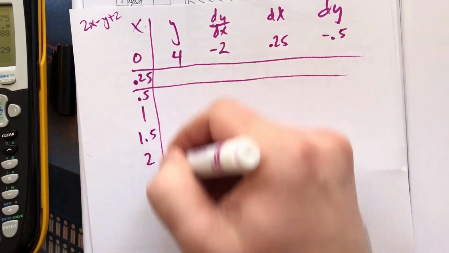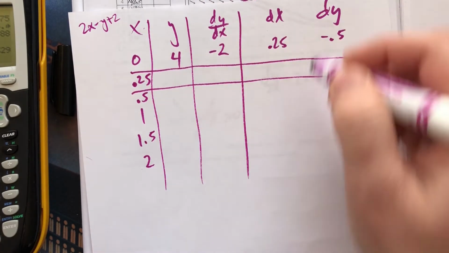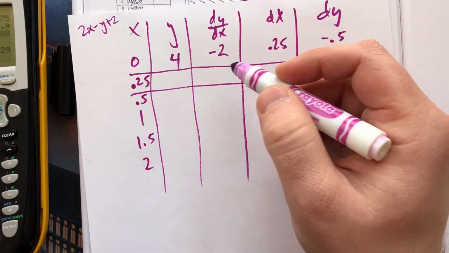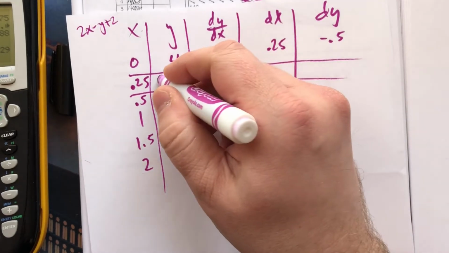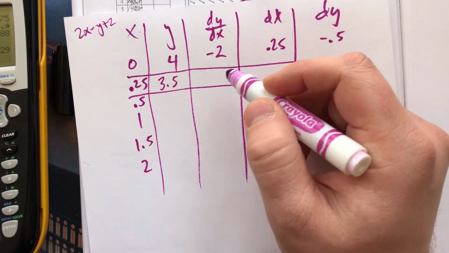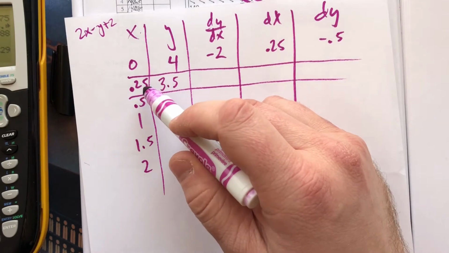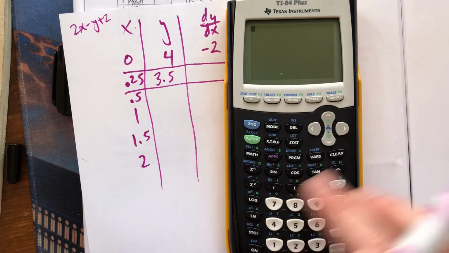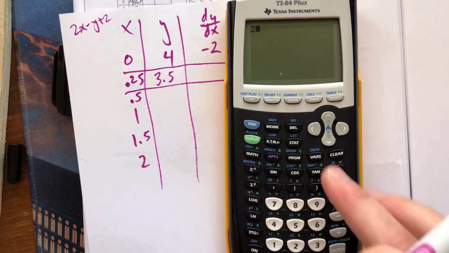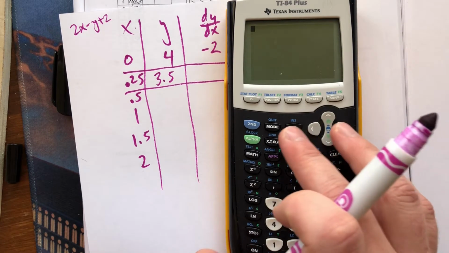I don't know the answer to this. I don't remember it. So I just went to 2 arbitrarily. That's going to give me 3.5 here. 2 times x is, you know what? Hold on. 2 times x.